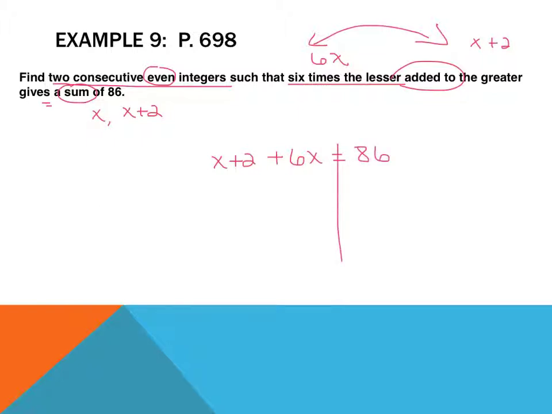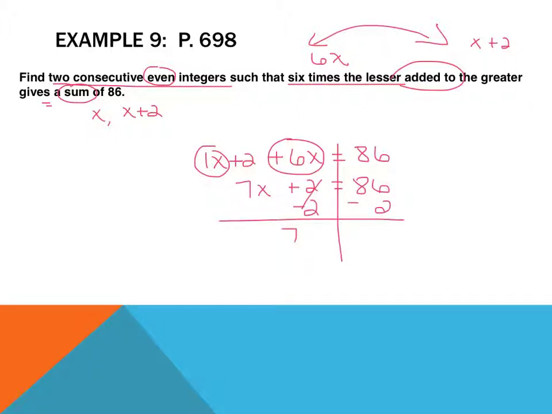So again, this has a 1 in front of the x, so 1x plus 6x is 7x. Bring down my plus 2 equals 86. Subtract 2. 7x equals 84.